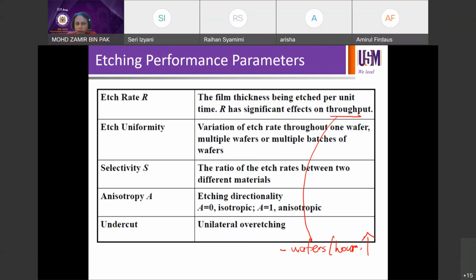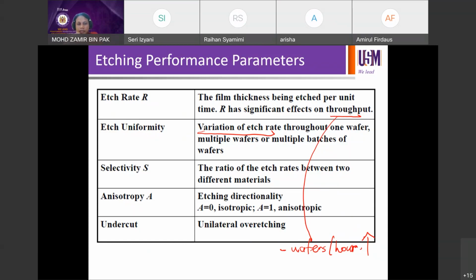The whole idea is you want to have the same etch rate throughout the comparison. Within a wafer, you want the etch rate to be consistent throughout that one wafer, across wafers, across batches, and so on. So the key here is still etch rate. If you don't have uniform etch rate, you won't have good uniformity.